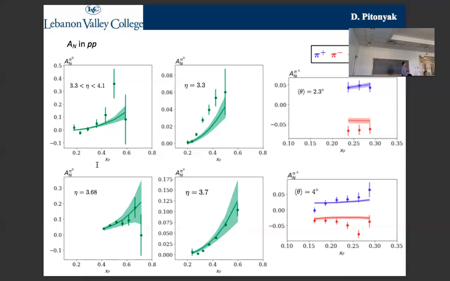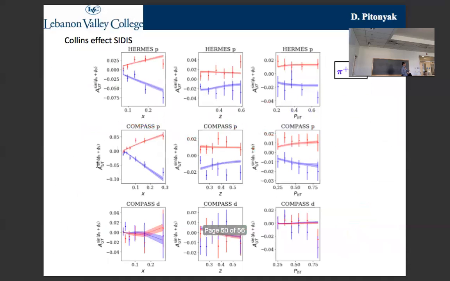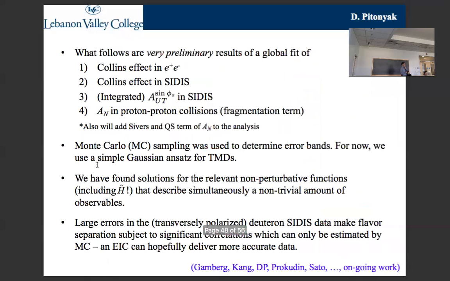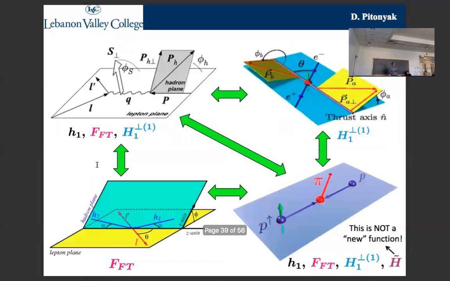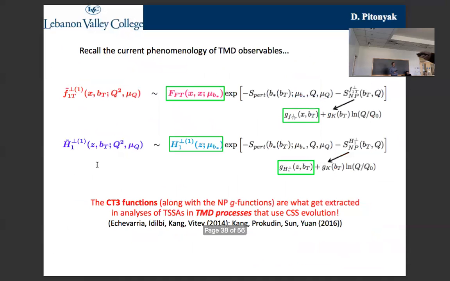I think they just use the TMD approach. But we're not doing the TMD approach. That's the whole point. Exactly. It's the collinear twist 3 functions. I mean, it's the TMD approach for the TMD observables, right? So SIDIS and e+e-, the functions that are showing up are these.